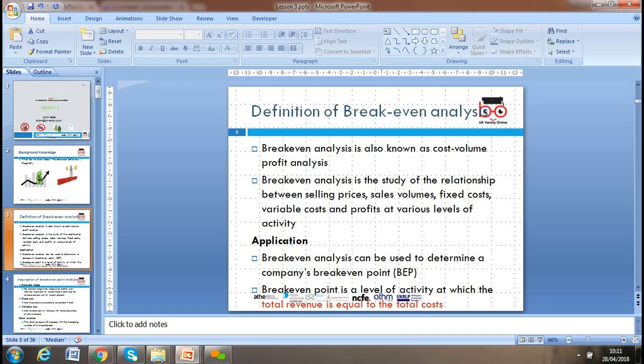The fixed cost is the cost that does not depend upon the production level, and it remains the same whether there is any production or not. Well done. Great. Variable cost? So it's the cost that changes with the level of production. It will vary each time we change our production level. Okay, good. And profit? So it is the difference between the revenue and the expenses.